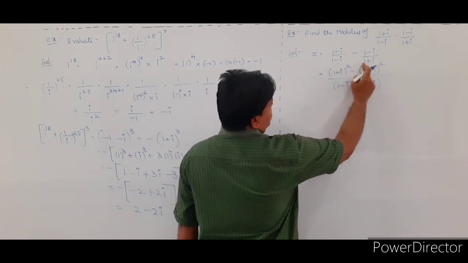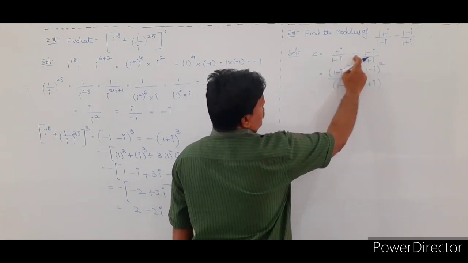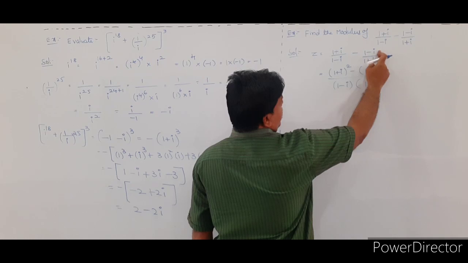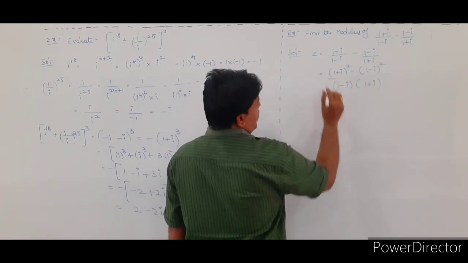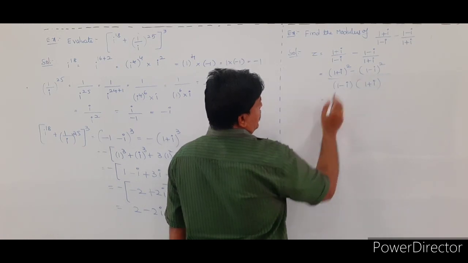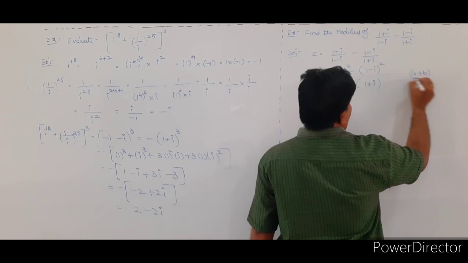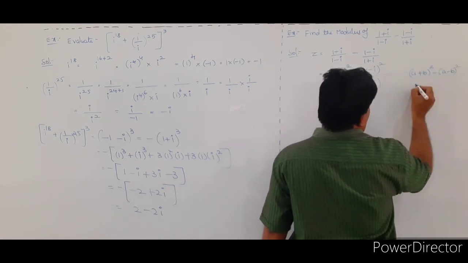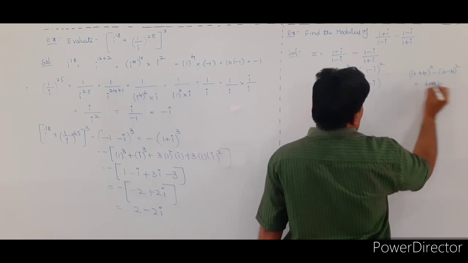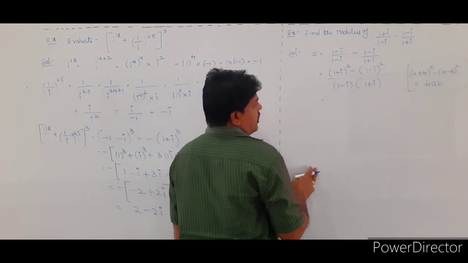So the numerator is (1 plus i) whole square minus (1 minus i) whole square. Expand that: what is the formula you have? (a plus b) whole square minus (a minus b) whole square is 4ab.